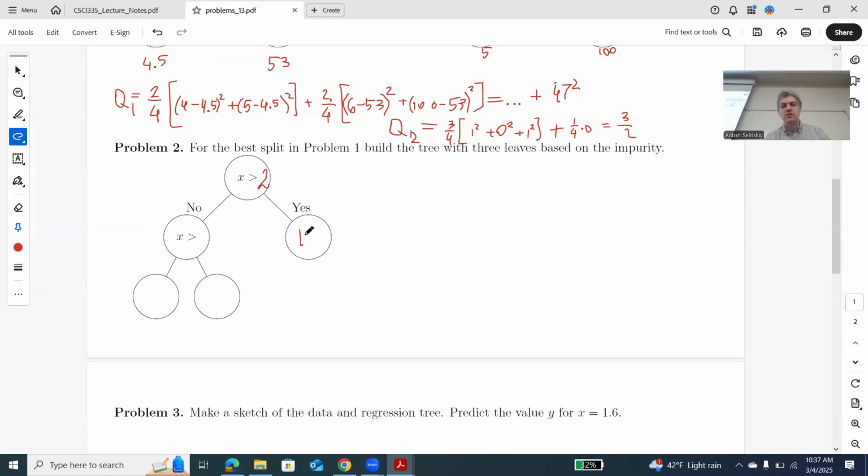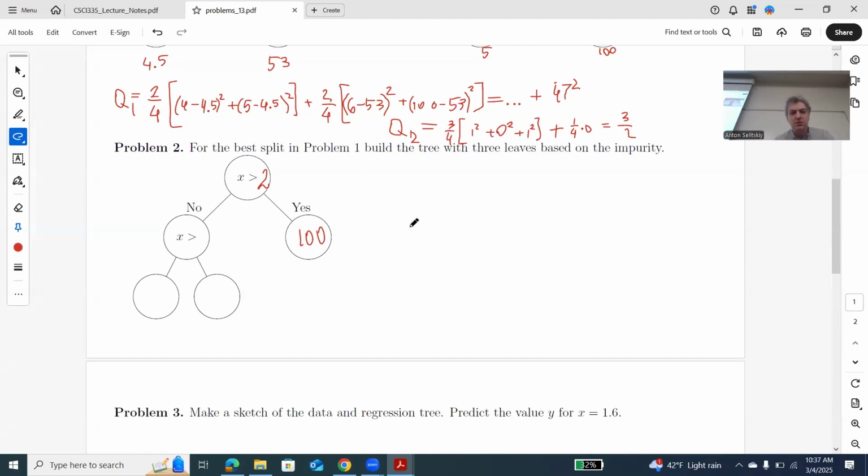So here, as you remember, it's a leaf node. The prediction is 100. So for every x greater than 2, our function will return 100. But for small x, we'll make different numbers.